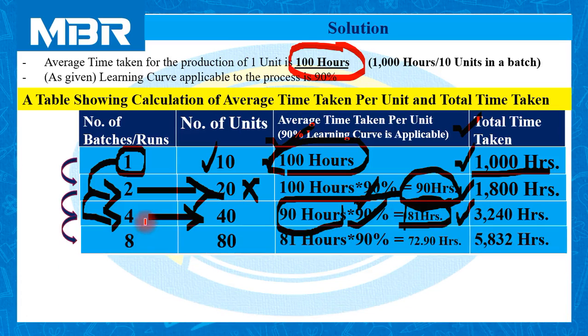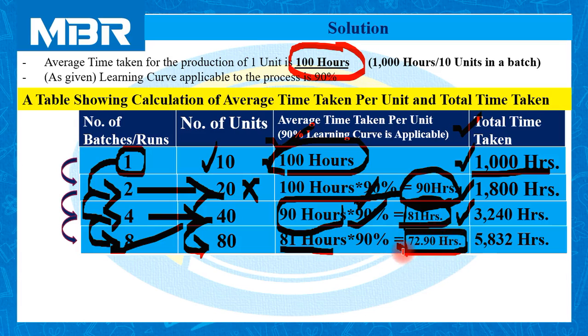Double the production from 4 batches to 8 batches, and units of production are doubled from 40 to 80. Earlier we have taken 81 hours to produce 1 unit. So for 8 batches, 90% of these 81, resulting into 72.9 hours per unit.